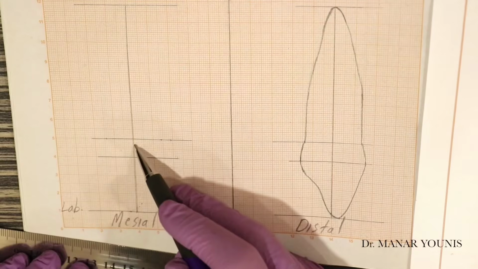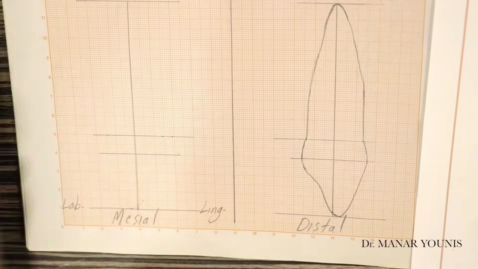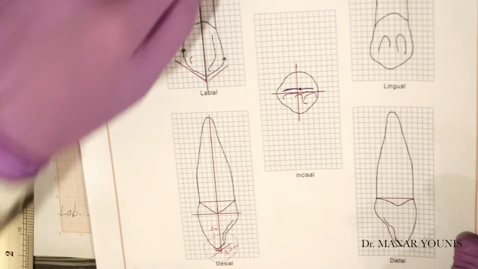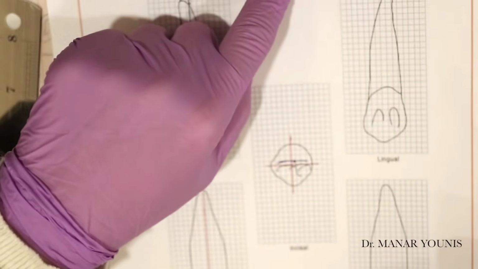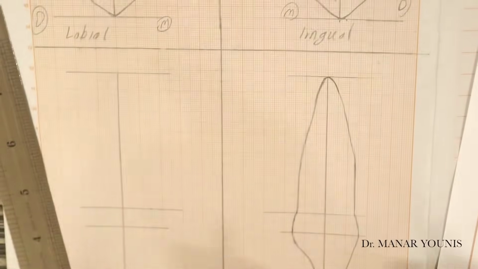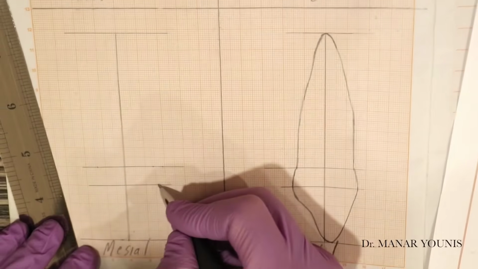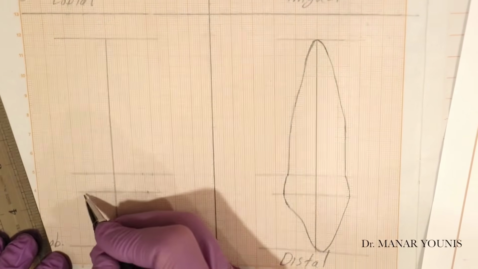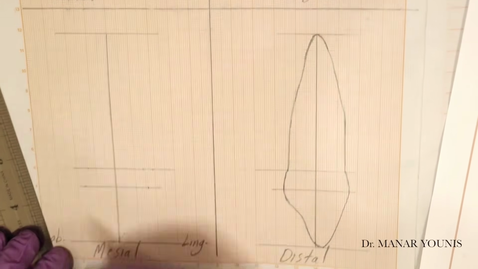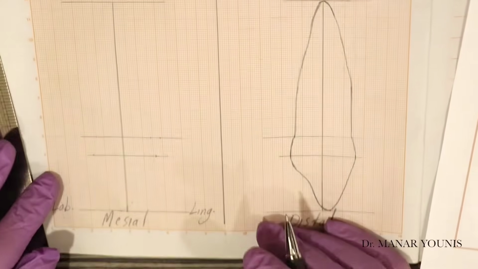This is 1/4. 10 millimeters equals 1/4. The dimension is 8, or 32 after magnification, divided by 2 equals 16. So 16 to the lingual and 16 to the labial. Then I will draw the outlines.